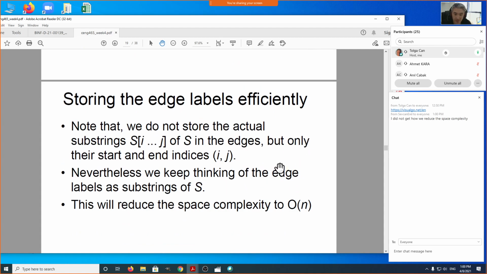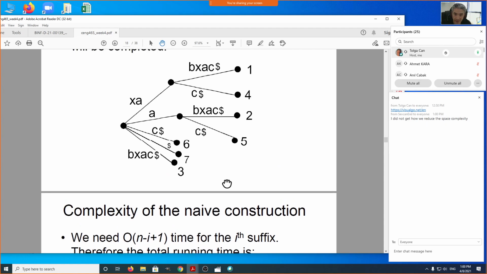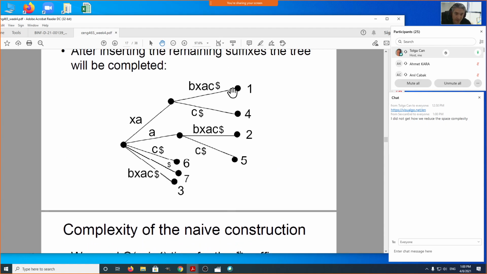The space complexity, let me repeat that again, is quadratic in the case where we store edge labels as strings, the substrings themselves, on the edges. If you look at the paths, each suffix is a leaf node, right?